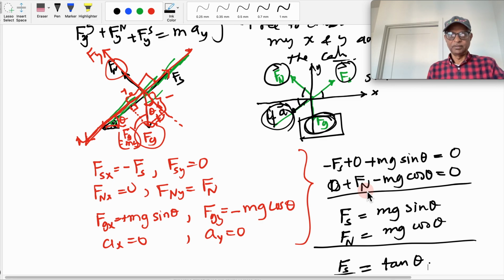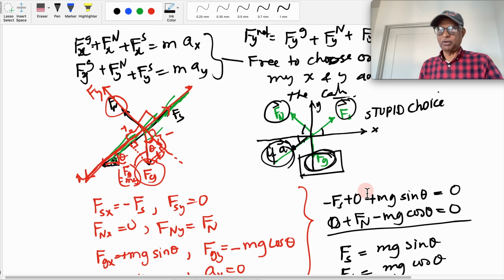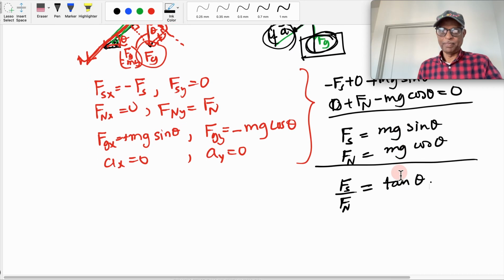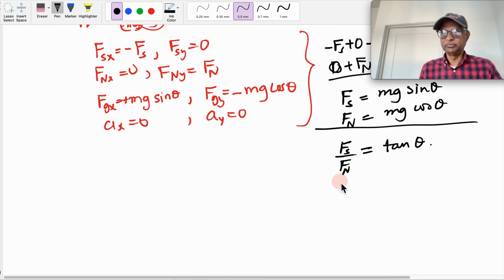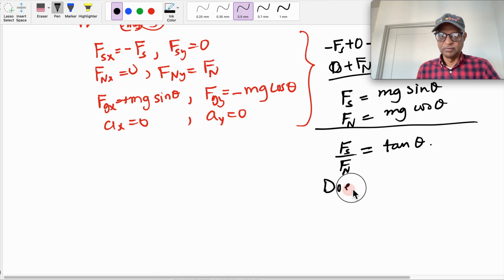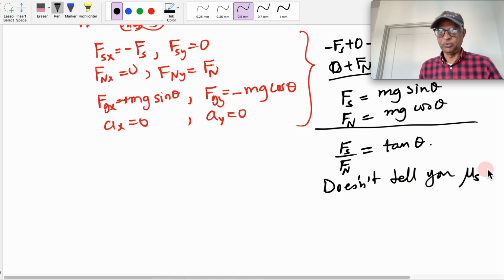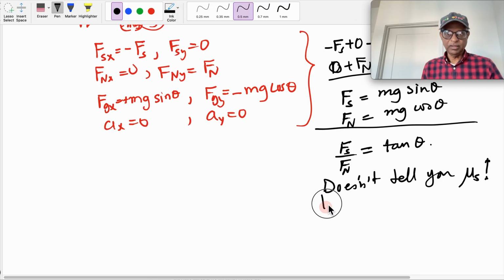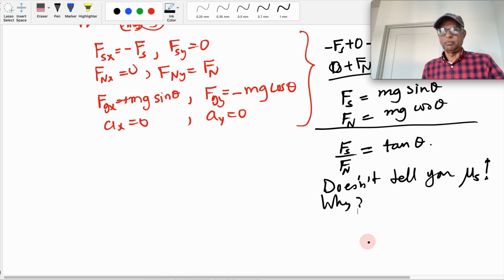Okay. A very famous problem on this is, it doesn't tell you the coefficient, it doesn't tell you mu s. Why? Well, we don't know if this was the largest amount of static friction that was possible. That's why.